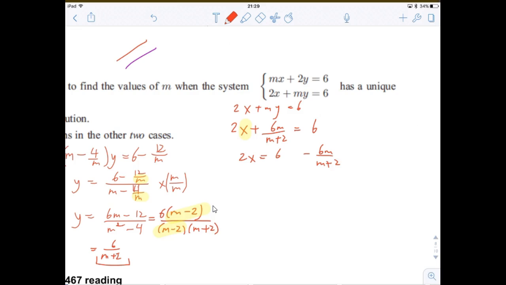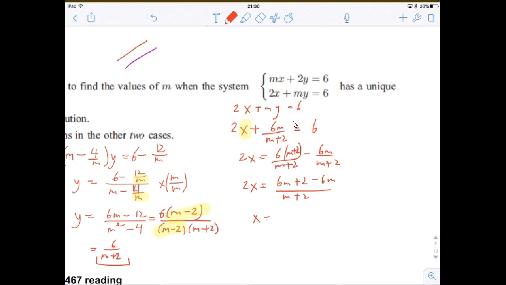I would like to combine these two expressions into one fraction, so I'm going to multiply this one top and bottom by m plus 2, which is like multiplying by 1. And then I'm going to combine the tops, 6 times m plus 2 minus 6m. And on the bottom, I'm going to have m plus 2. And then I'm going to divide both sides by 2.